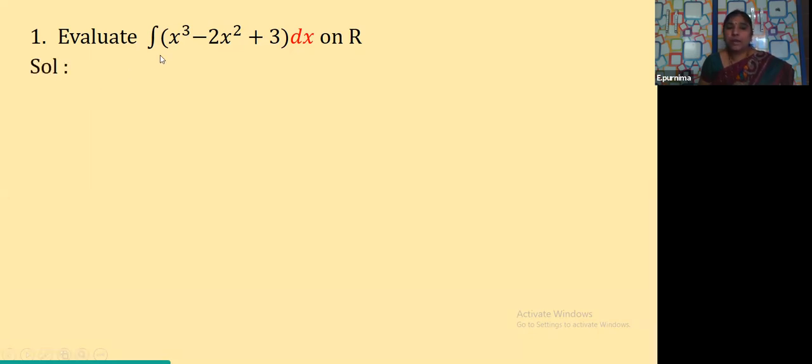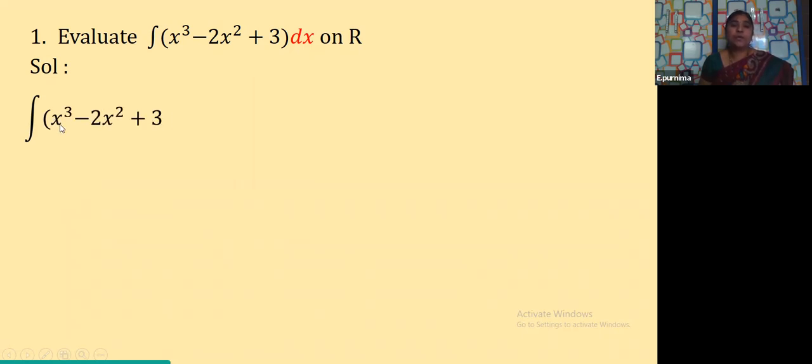So what can we do here, children? Just now we have seen the properties of integrals. Whenever there is a sum or difference of functions, it can be split into separate integrals. Three terms are there, so we get three integrals.